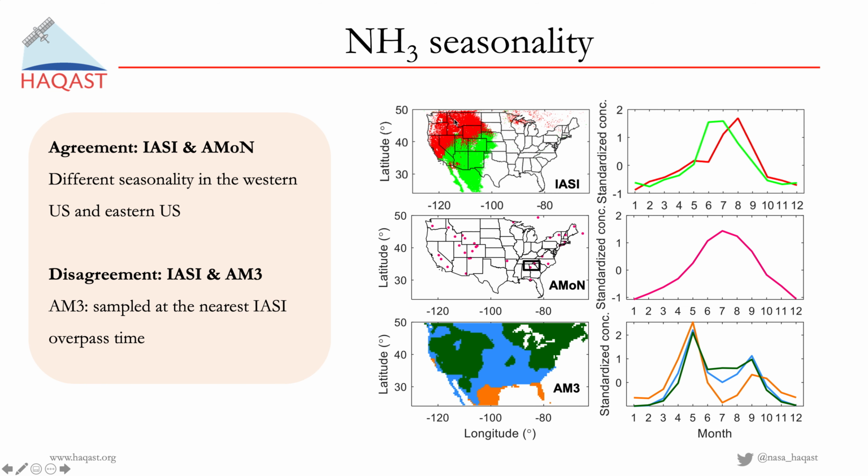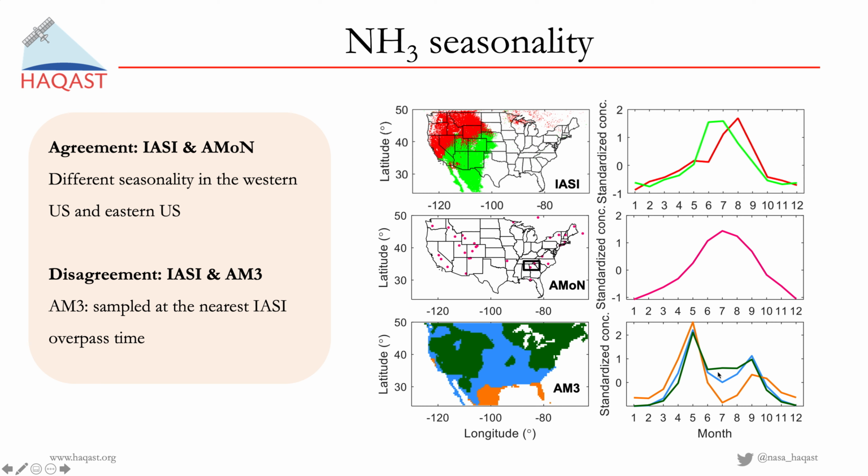So we can look at the Western US, and unlike that broad peak in April and May, you instead see in the northern part a peak later in August, and in the southwestern part of the US, more of a June, July peak. And this is, again, broadly consistent with the AMoN sites in this region with a mid to late summer peak.